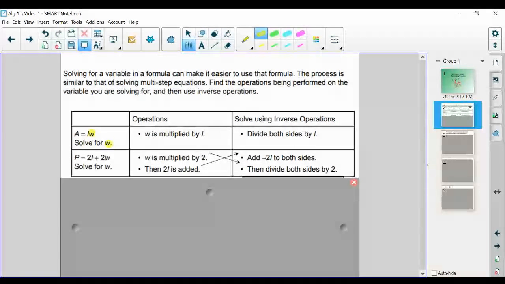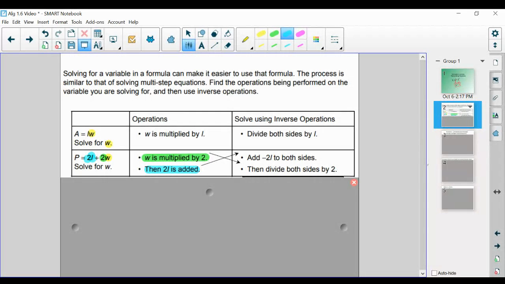In this perimeter formula, we have P is equal to 2L plus 2W. And again, we want to solve for L. The first thing that we notice is L is getting multiplied by 2. That is the first operation upon it. And then 2L is being added. So adding 2L happens secondary.